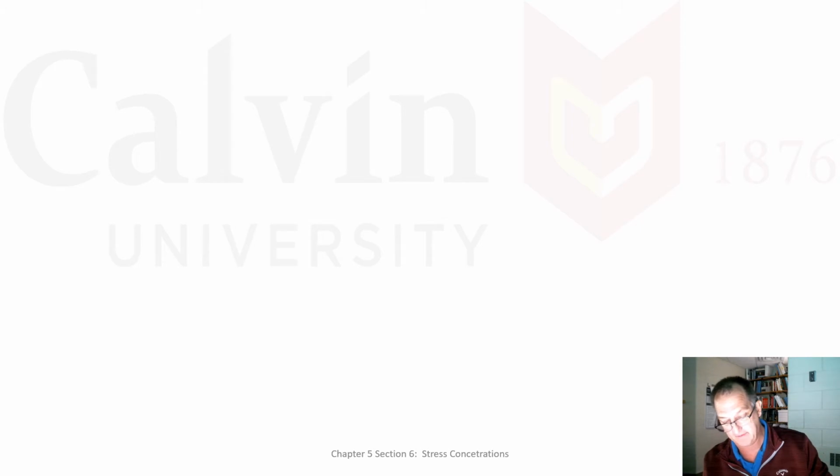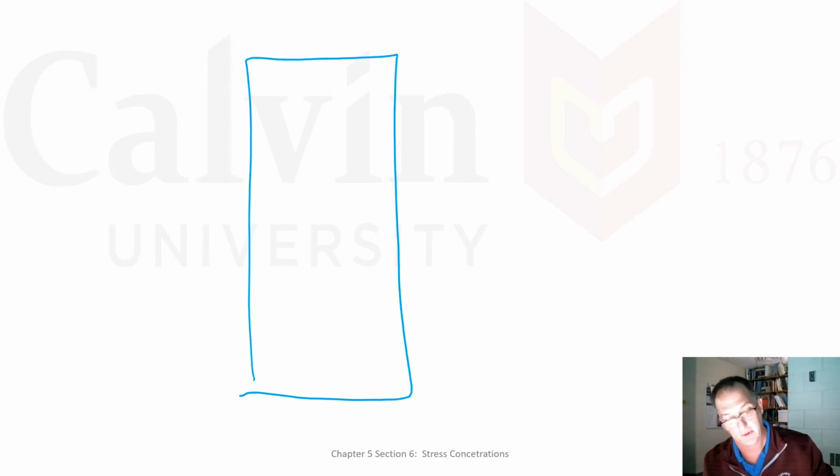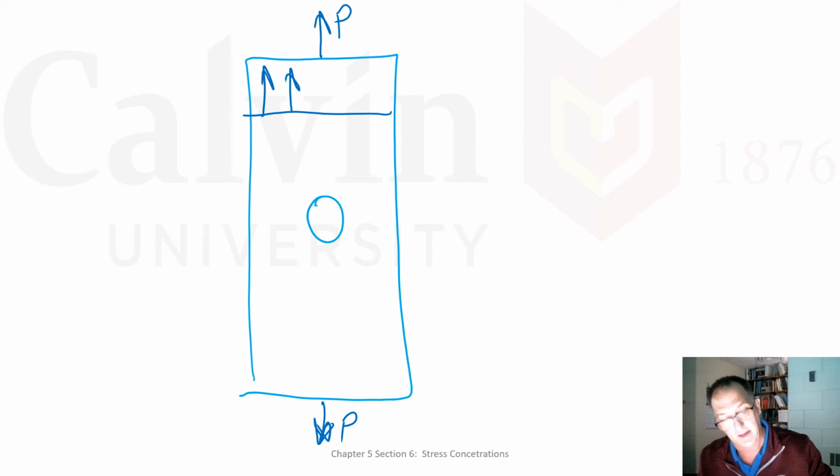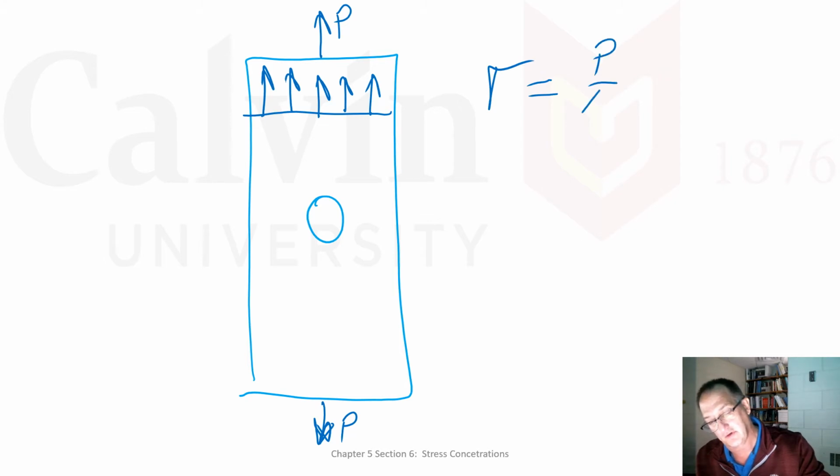If I have a plate and I put a hole in it, yes, at some distance away, and I'm going to pull on it with a force P, I do get some average distribution, which the stress is equal to P over A. And that worked pretty well.